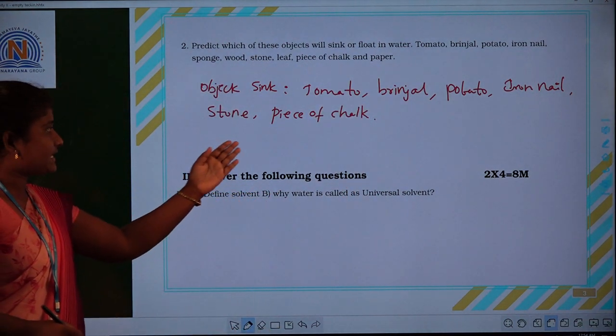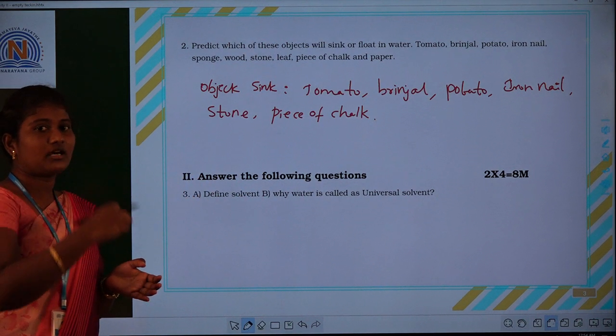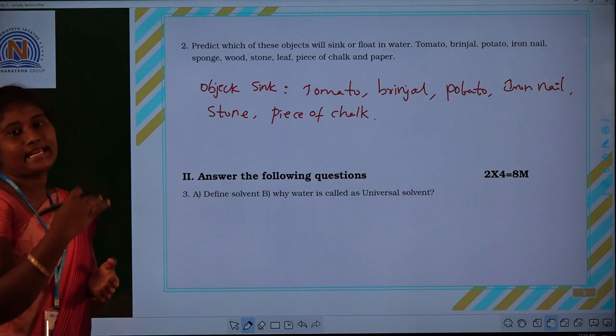Okay, when we drop them one by one in the water, all these objects sink in water.